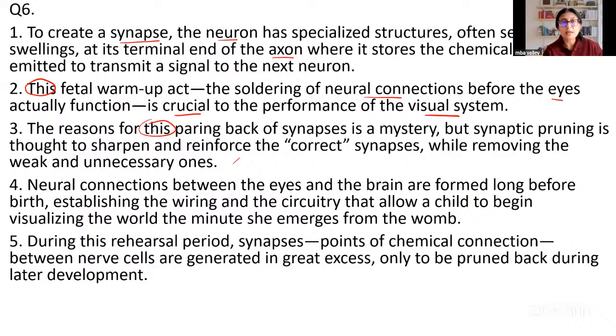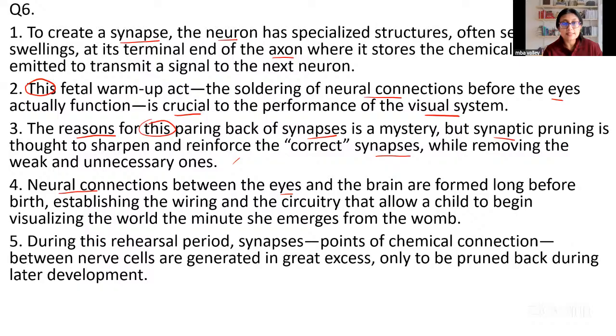The reasons for this pairing, and mind it, it's talking about reasons. The reasons for this paring back of synapses is a mystery, but synaptic pruning is thought to sharpen and reinforce the correct synapses while removing the weak and unnecessary ones. Neural connections between the eyes and the brain are formed long before birth, establishing the wiring and the circuitry that allow a child to begin visualizing the world the minute she emerges from the womb.